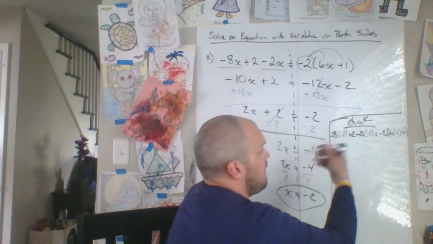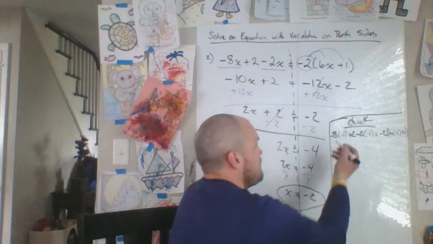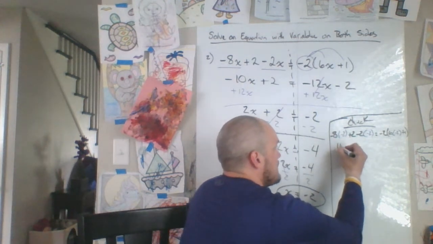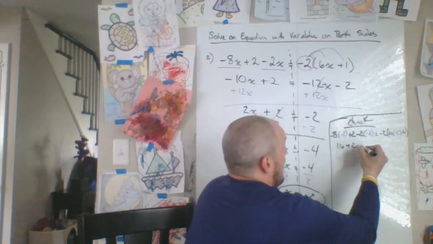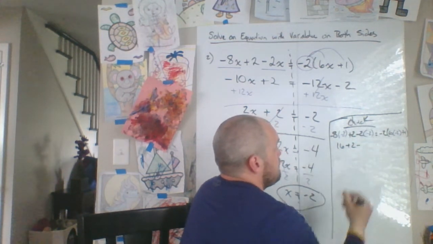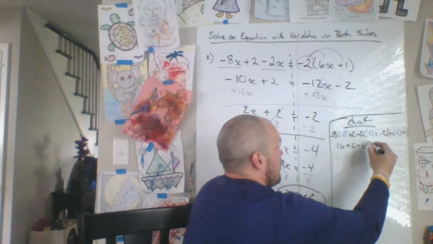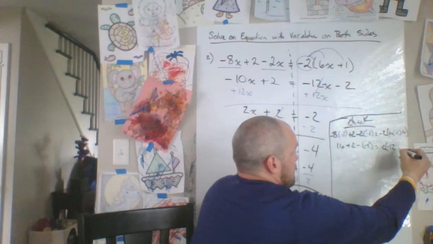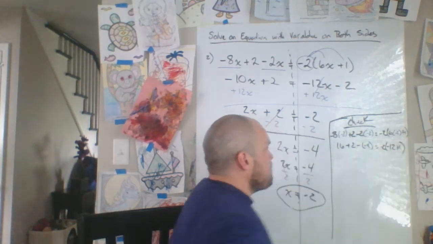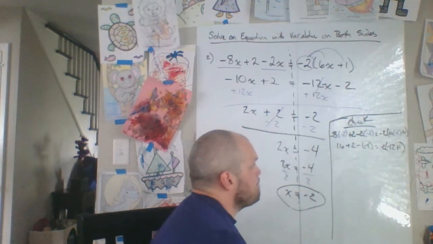So I'm going to go ahead and solve. I'm going to simplify each side of the equation individually. Negative 8 times negative 2 is positive 16. Plus 2 minus 2 times negative 2 is negative 4. Equals negative 12 plus 1. I keep simplifying here.